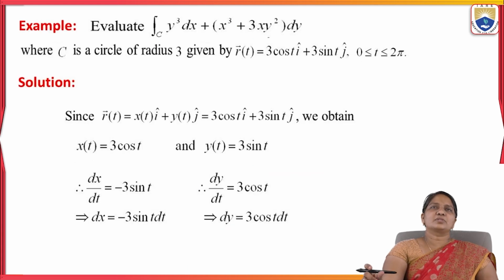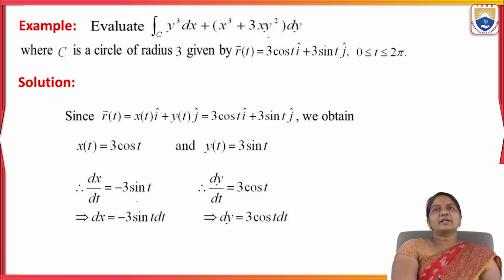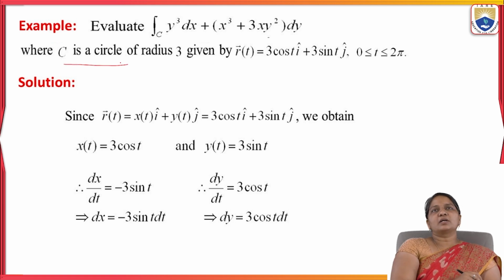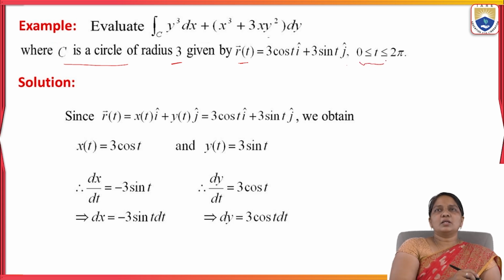Next, see the next question. Evaluate the integral over C of y cube dx plus x cube plus 3xy square dy, where C is a circle of radius 3 given by r of t is 3 cos t i plus 3 sin t j, and t is between 0 to 2 pi.